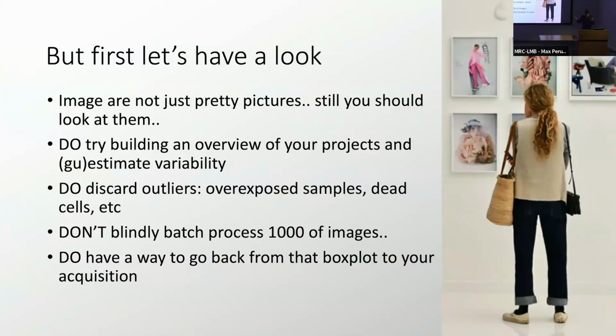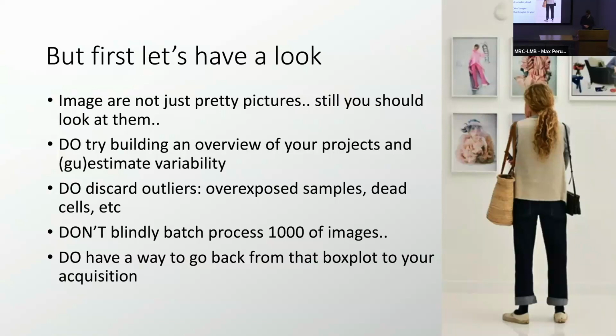Then estimate the variability, and try to have an idea of whether I can hope to quantify or measure something from this. We need to discard or explain outliers, looking at overexposed samples, etc. So at the end of the day, we don't blindly batch process thousands of images without a first rough look through the data set.